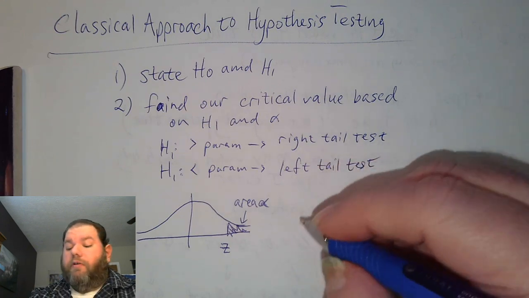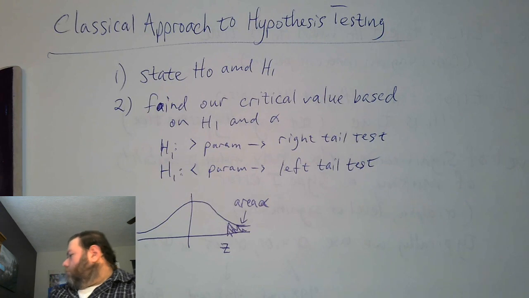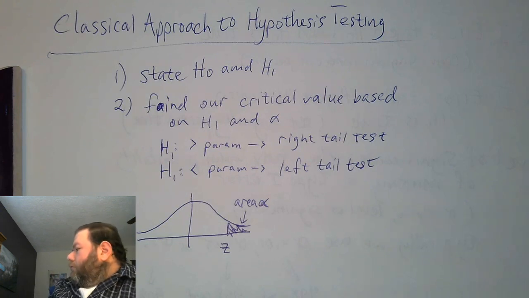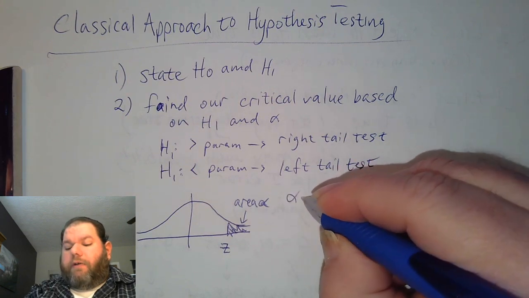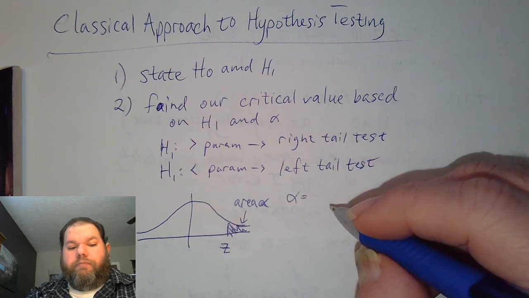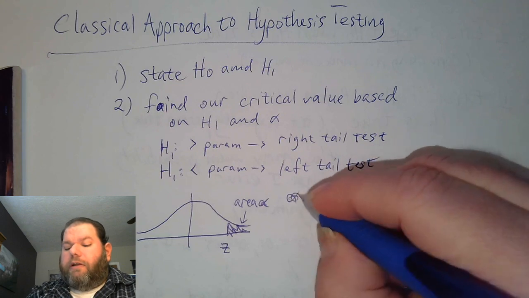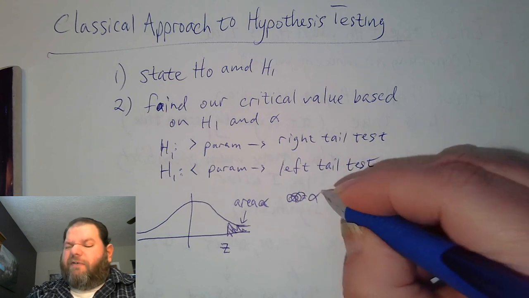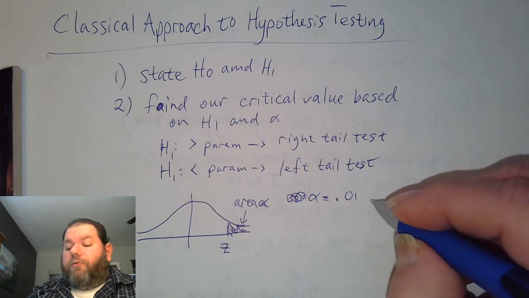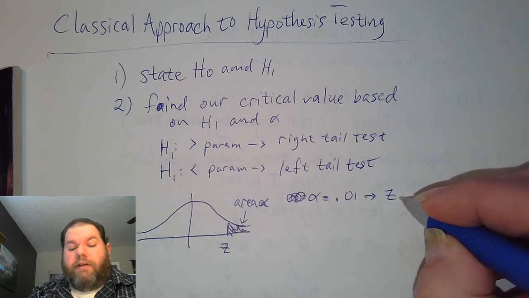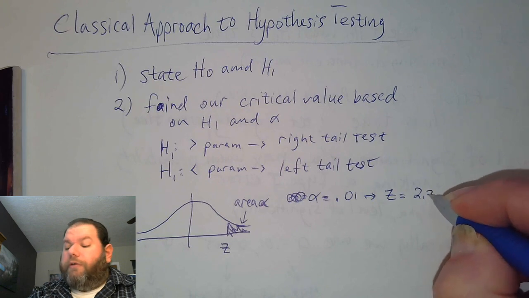Now, sorry about that. Alpha is equal to, so, not alpha. Yes, alpha. Sorry, bouncing around here. Alpha equals 0.01 would tell us that z is equal to 2.33.